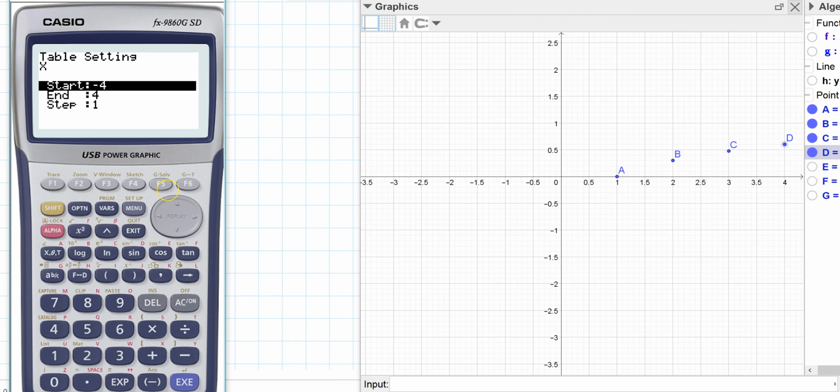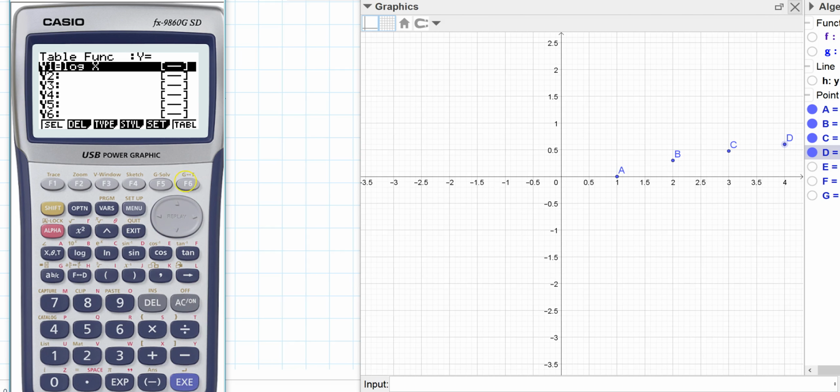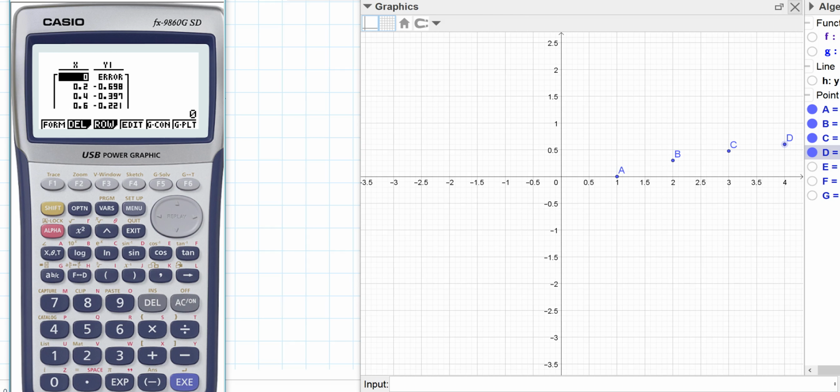I'm just going to change the set of values that I have over here. I'm going to start now at 0 rather than -4. And I'm going to change the steps to 0.2 this time. And let's see what we're going to get now on our table of values. So we still have nothing happening when x is equal to 0.